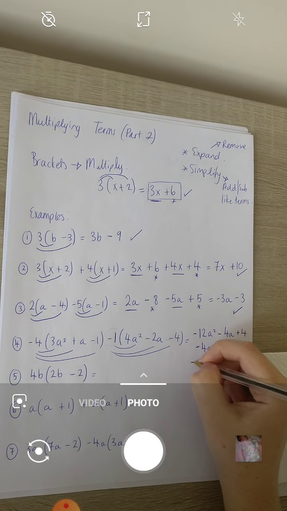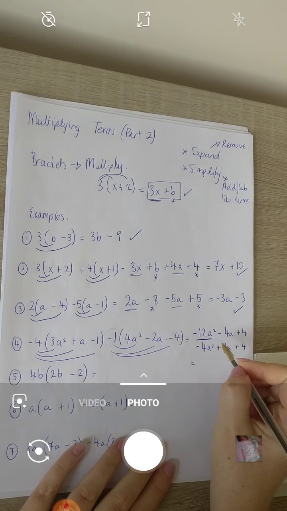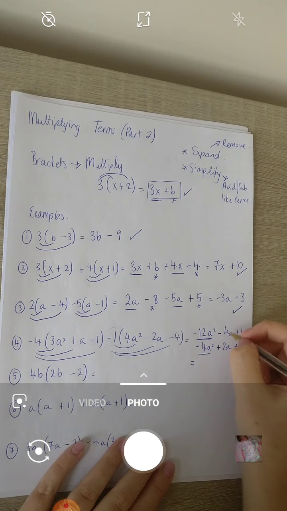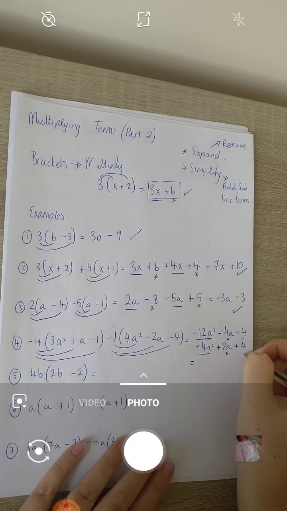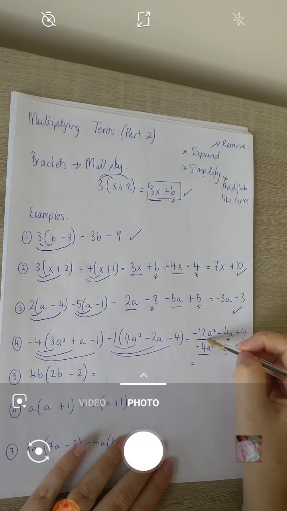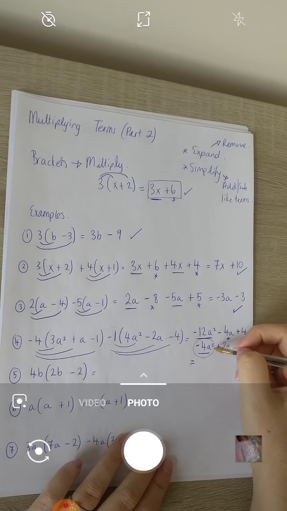Okay, now I'm going to have to simplify this, and what we can see here is I've an a squared term and an a squared term. I've an a term and an a term, and I've a constant and a constant. Now the sign always stays with the term, so it's the sign before the coefficient.